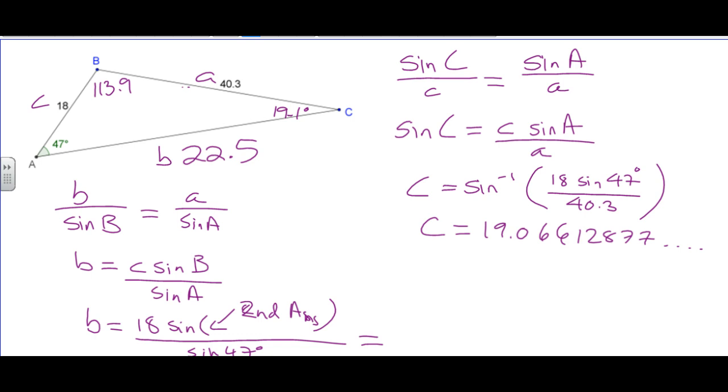This one will be 113.9. Now, here's the question. Let's say that I used 113.9 instead of second function answer. So I went 18 sine 113.9 divided by sine 47, and I get 22.501, so I'm okay, I still would have got 22.5. It won't always work that way, especially if you're just on the cusp of rounding something.